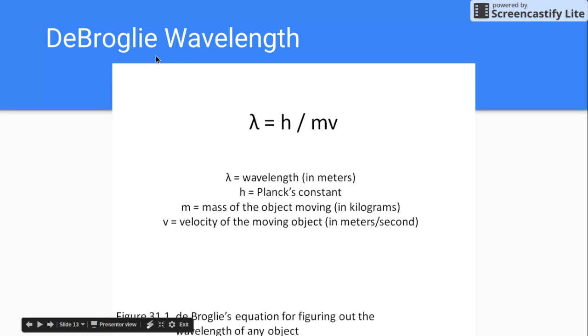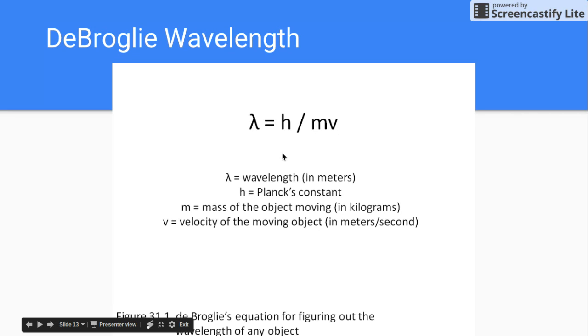So we can actually figure out the wavelengths of different properties of matter. The de Broglie wavelength is the concept. Basically, every single object in the universe also has a wavelength. Most of the wavelengths are really small, so small that we can't see them. In fact, you and me both have wavelengths. The equation for this is wavelength lambda equals h, which is Planck's constant, 6.626 times 10 to the minus 34, a very, very small number, divided by the momentum of the object.